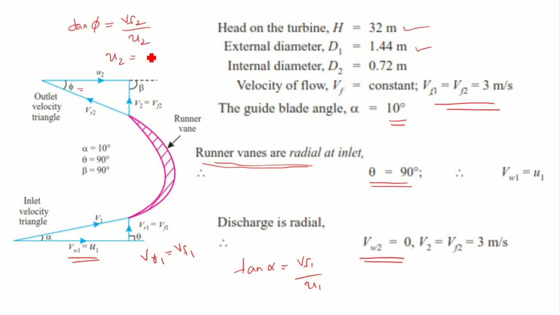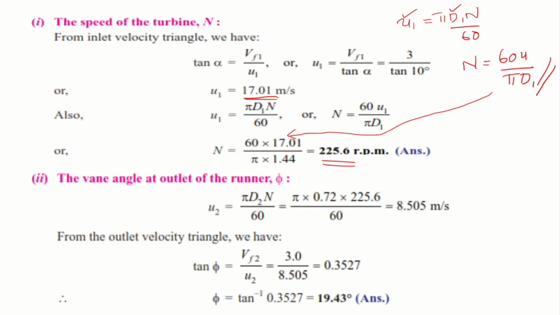U2 is equal to pi D2 N by 60. So from this equation you will get the value of U2, and it is obtained as 8.505 meter per second. From the velocity triangle, tan phi is equal to Vf2 by U2. So phi is equal to 19.43 degree.